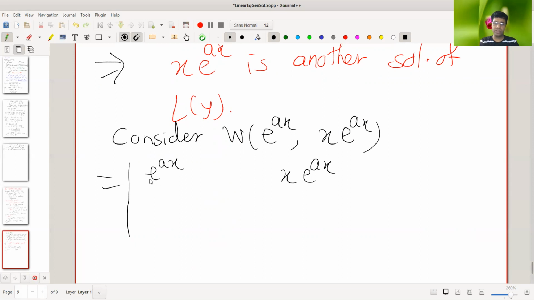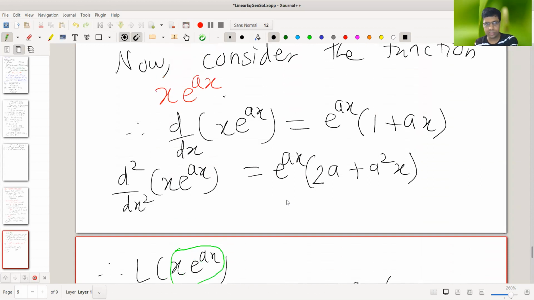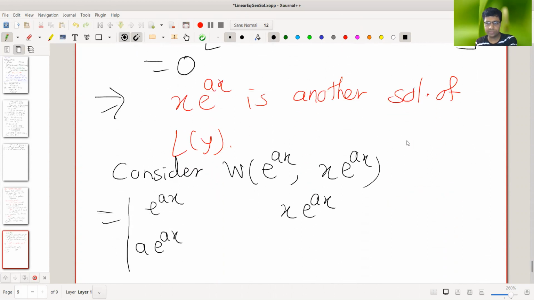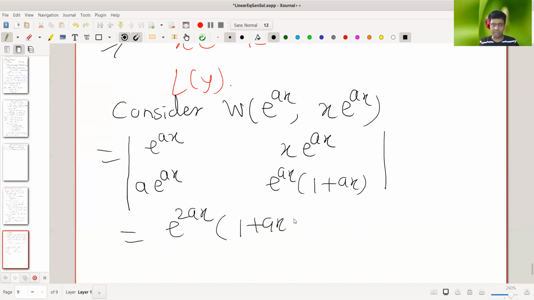Second row is derivatives of the first row. So it is a e raised to ax, and the derivative of x e raised to ax we already have computed. So it is e raised to ax into 1 plus ax. Okay, so this is a determinant, e raised to 2ax will be common again into 1 plus ax minus ax.